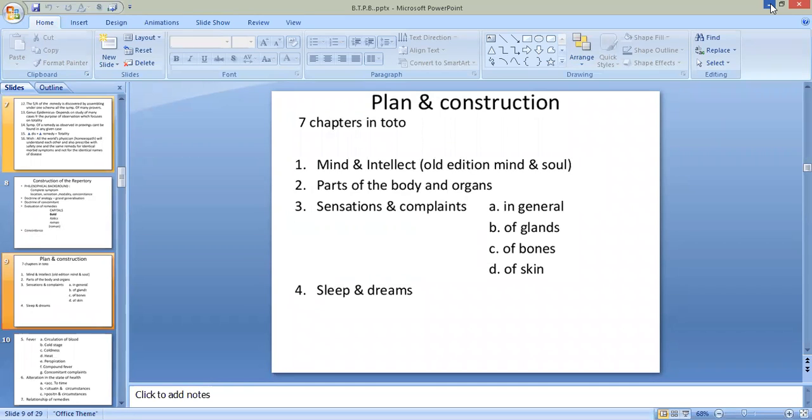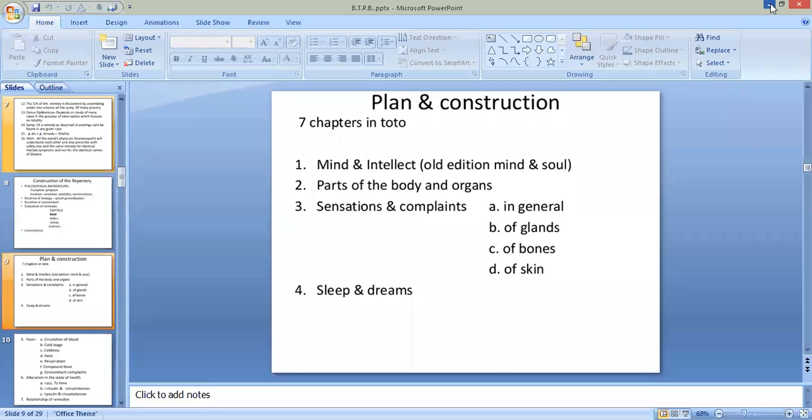So he arranged all parts in the anatomical division according to the anatomical division of the body, and not according to his philosophy, that is location, sensation, modality and concomitant.